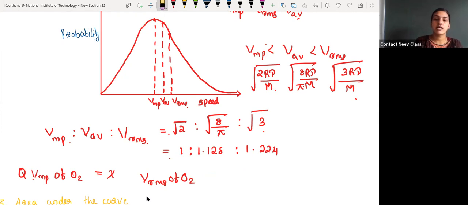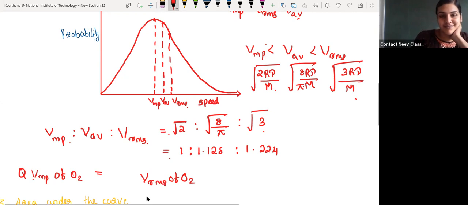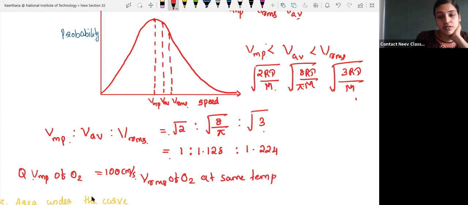Sometimes they will ask a simple question like this: VMP of O2 at a particular temperature is 100 centimeter per second. Then what is VRMS of O2 at the same temperature? It should be at the same temperature, otherwise the answer will be different.